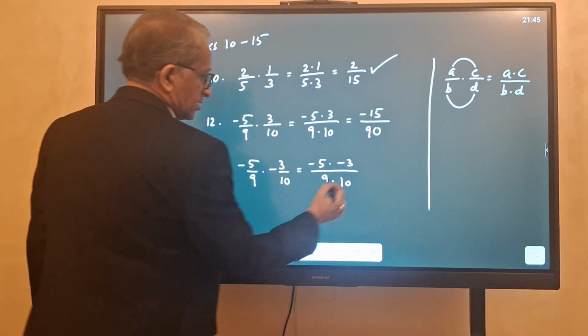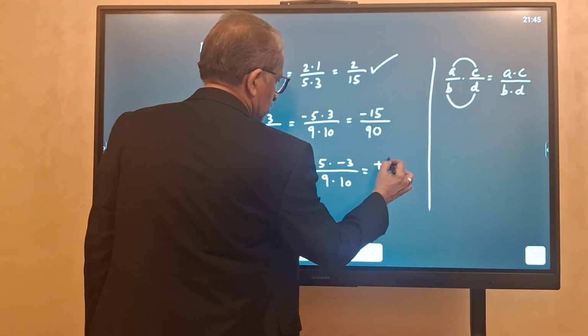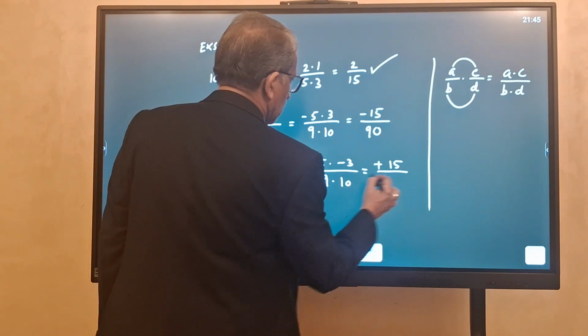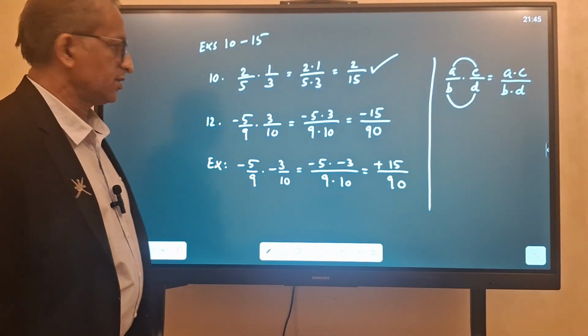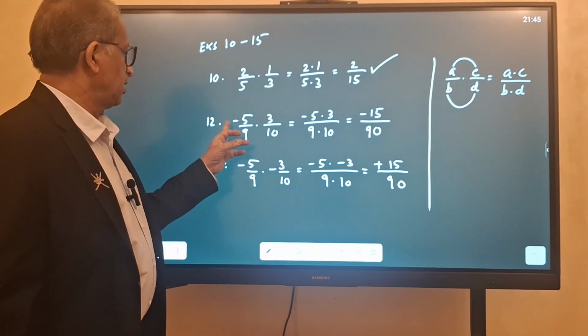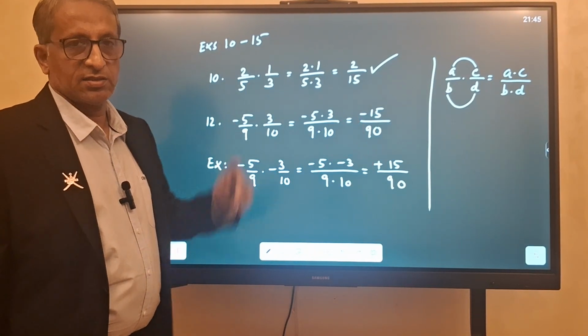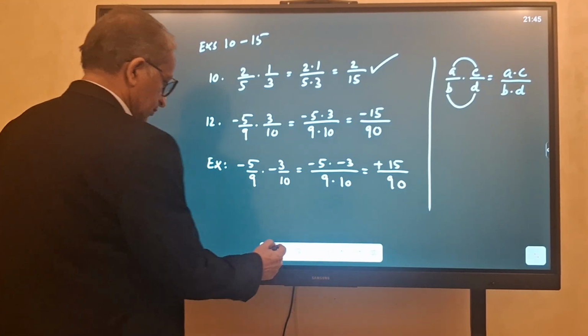So what is minus into minus? Plus. 5 into 3, 15, and 9 into 10, 90. This is the answer. If it is two minuses, the answer is plus. If it is one minus, the answer is minus. This is how we multiply two fractions.